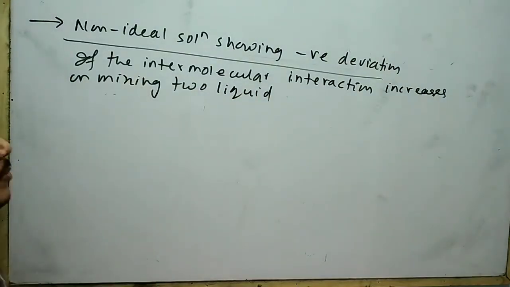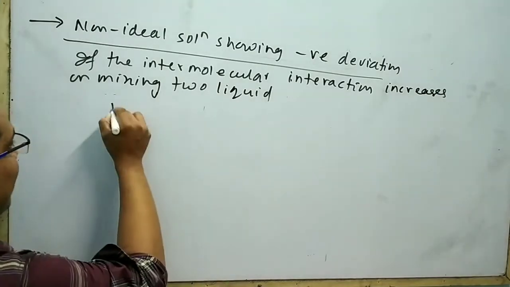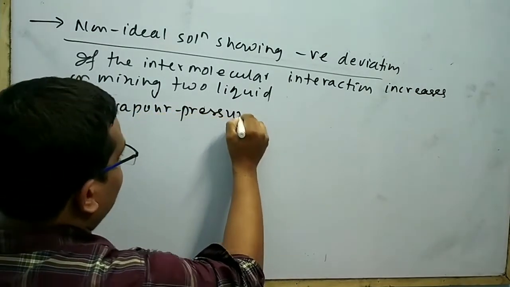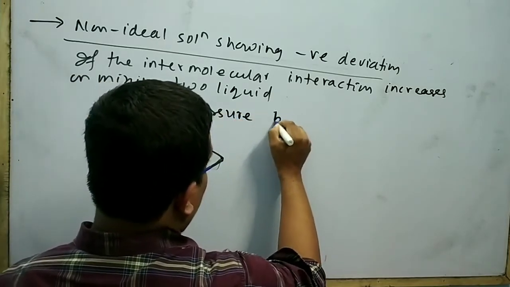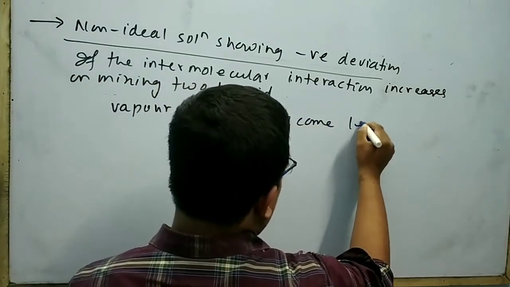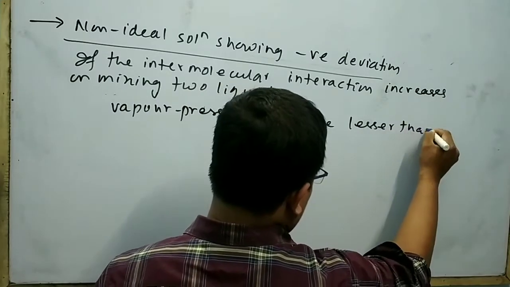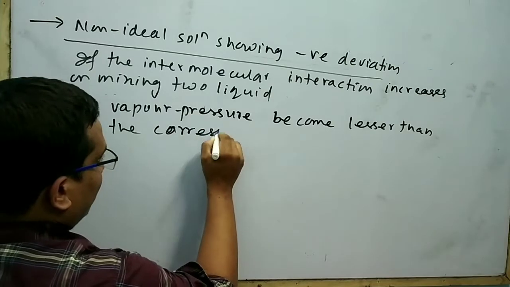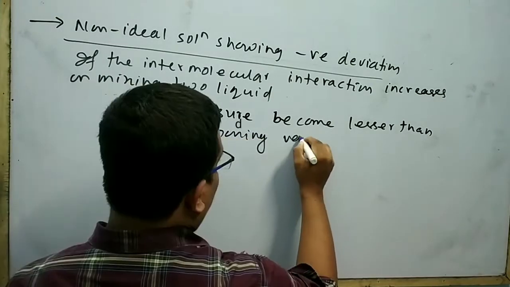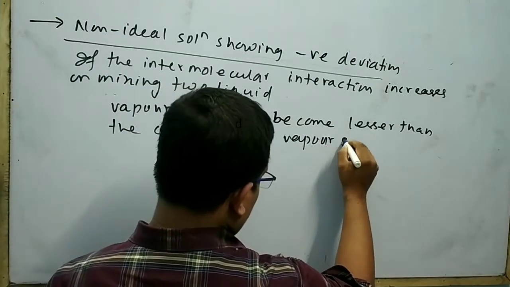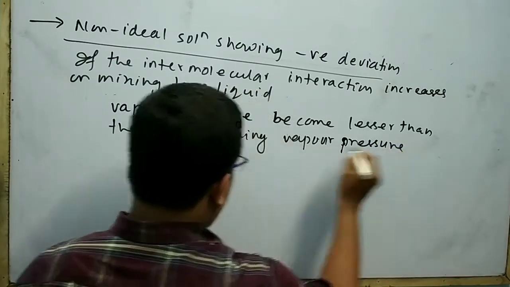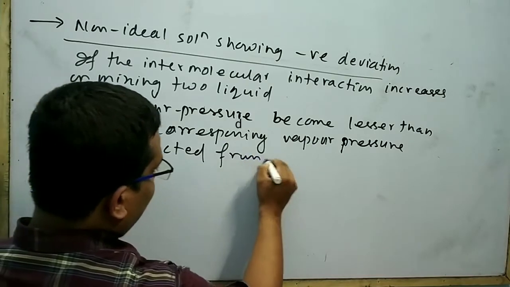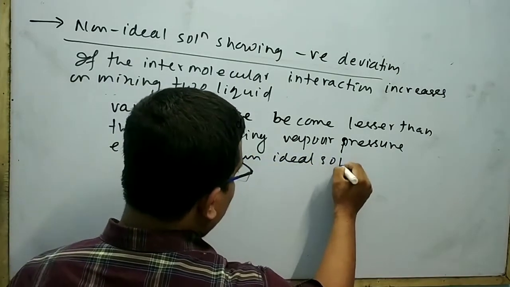In this type of non-ideal solution, the vapor pressure becomes lesser than the corresponding vapor pressure expected from ideal solution.